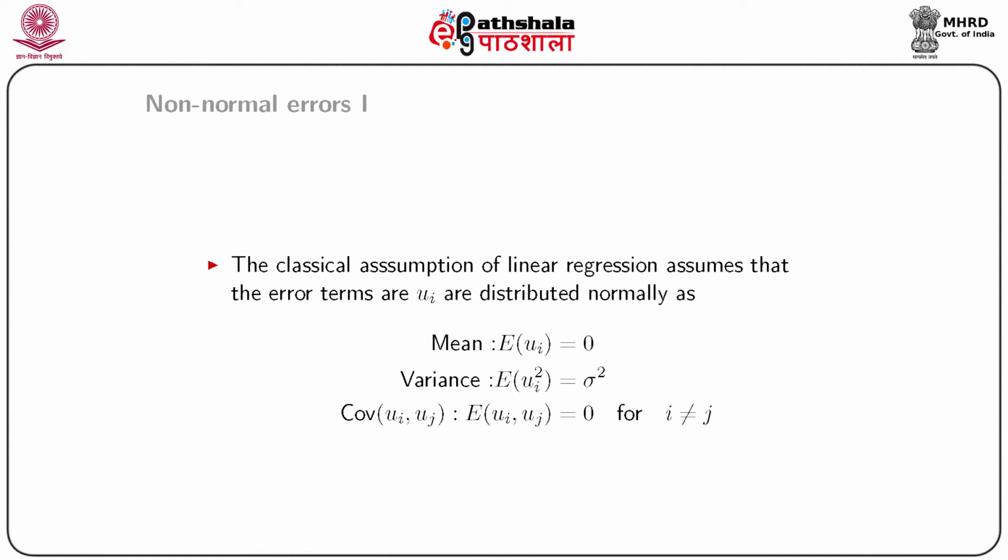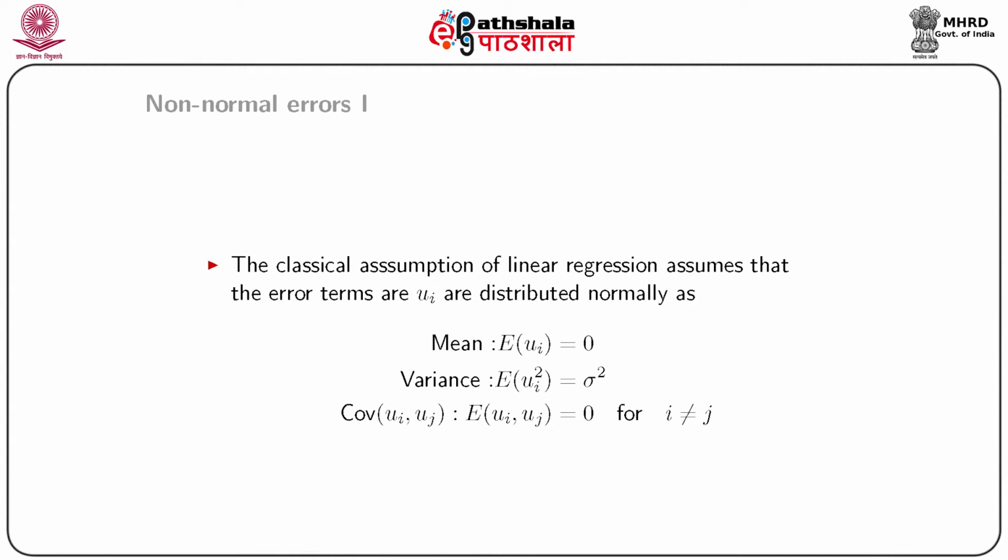Now, according to the classical assumption of linear regression, we assume the error terms are ui and they are distributed normally with a mean 0, that is, expected value of ui equals 0. Variance is sigma square for every error term, or in other words, the error terms are homoscedastic. Since we have assumed that the expectation of ui equals 0, we assume that variance of ui, or in other words, expected value of square of ui equals sigma square.